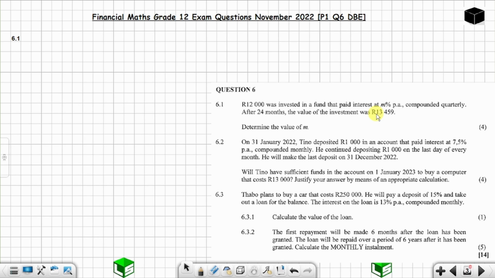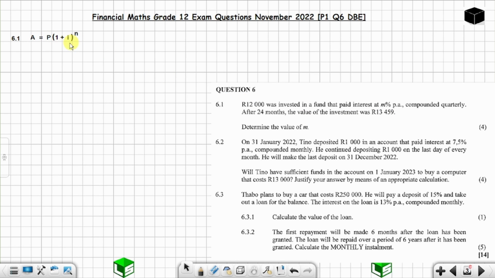R12,000 is invested once off, so you are going to use the compound interest formula. You can see there is an increase from 12,000 to 13,459, so you are going to use the compound interest formula.